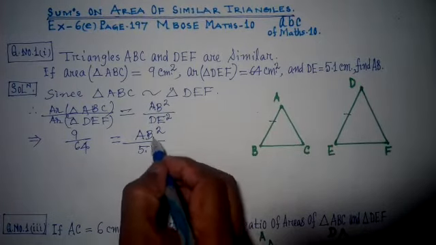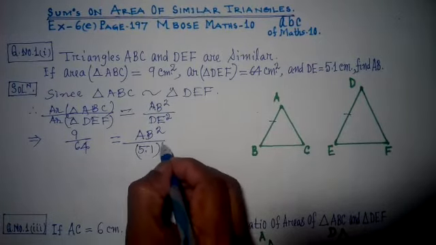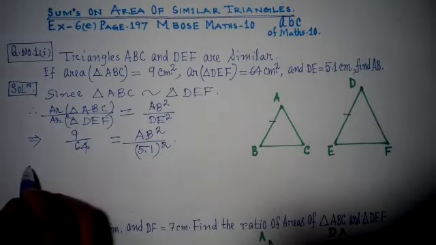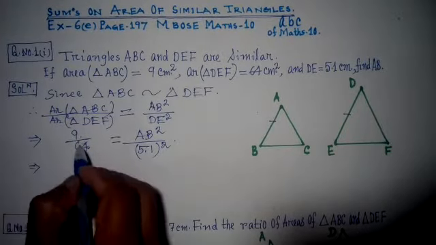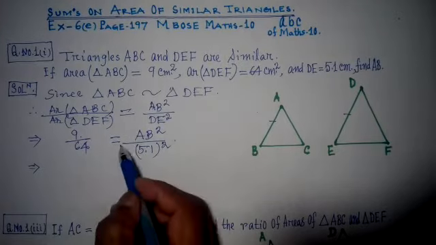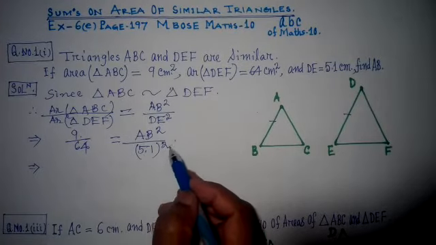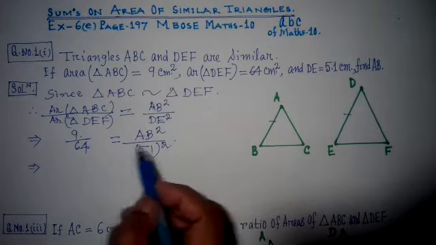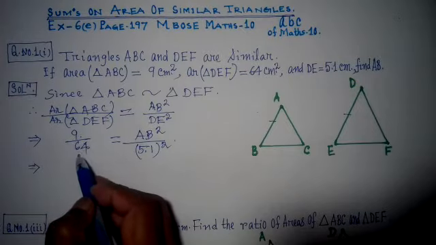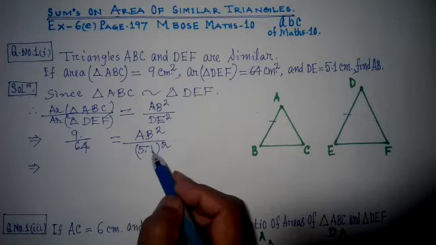So put the value of DE 5.1 and then square. Now see, 9 by 64 is equal to AB square by 5.1 whole square.